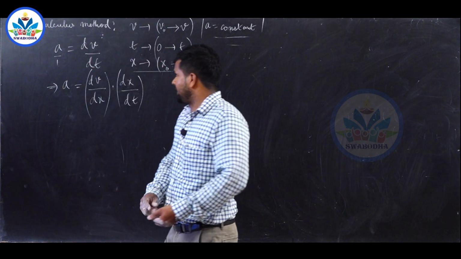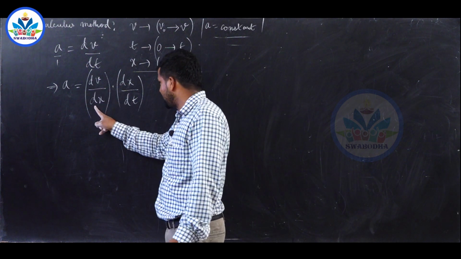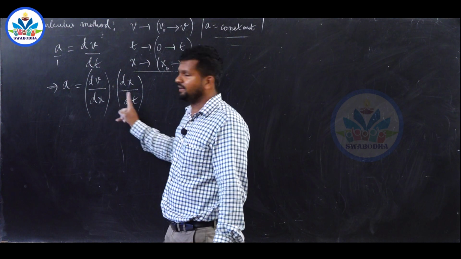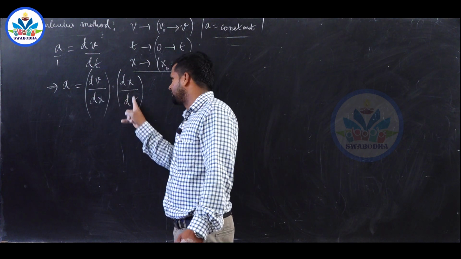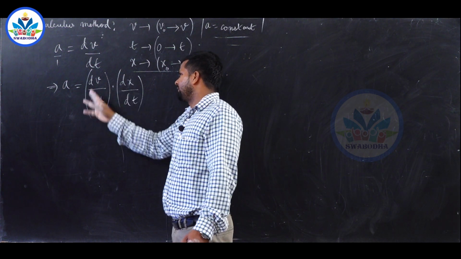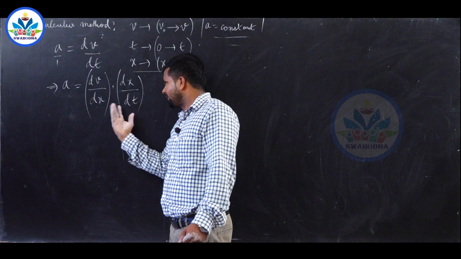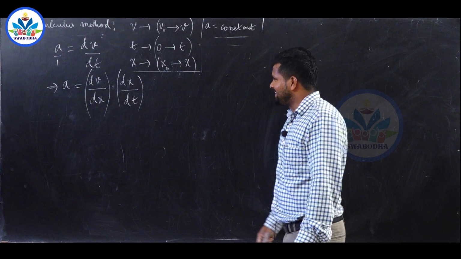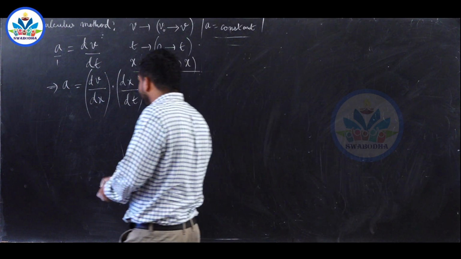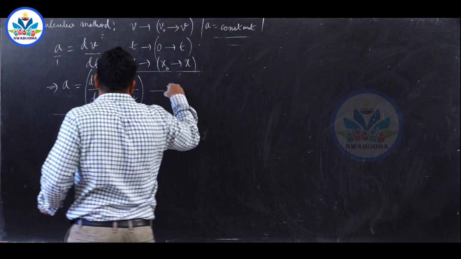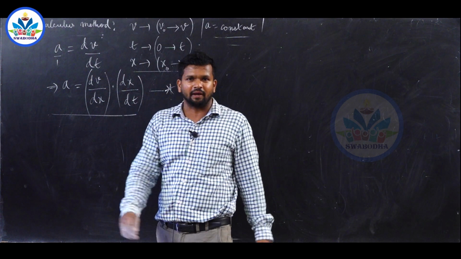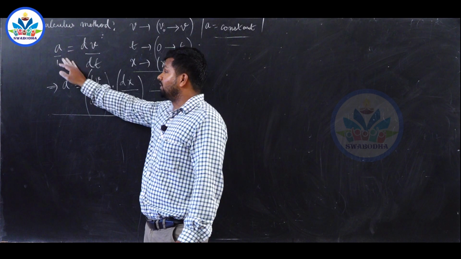I can write dv by dt as dv by dx into dx by dt, because v is a function of both x and t. The dx cancels, same step. This is the small change in the second step to derive the third equation.